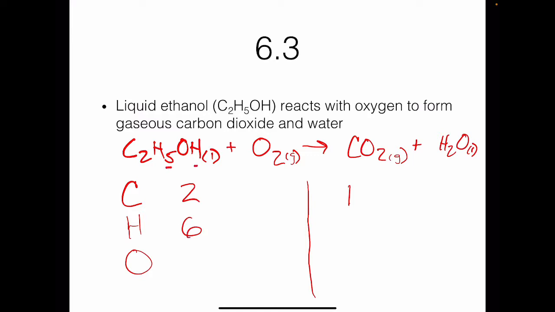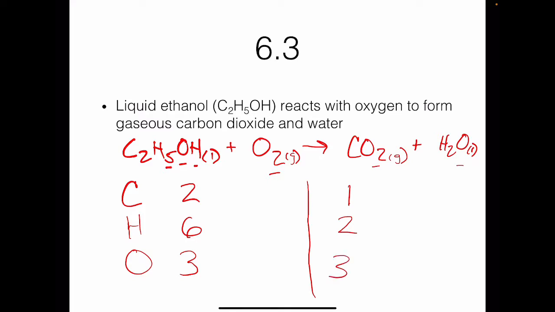We've got 5 here and 1 here. And on the right, we have 2. On the left, we now have 3 oxygen, and we have to count up the oxygen that appear in both of the formulas. So we have 1 here and 2 here for a total of 3. On the right, we also have a total of 3. So we're going to write 3 right here.